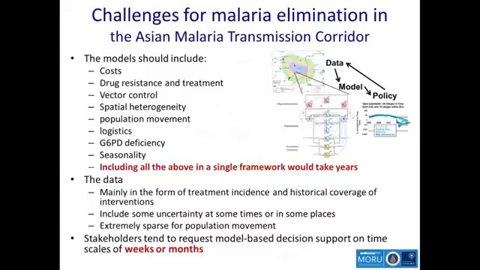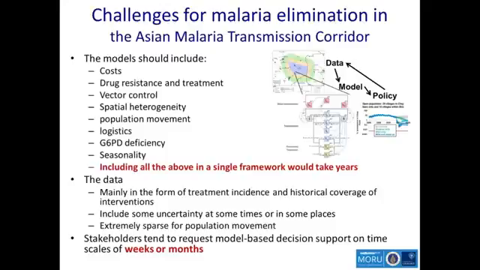So, challenges for eliminating malaria in this part of the world. If we're going to produce mathematical models to simulate malaria in Asia, then especially if we want to have an impact on policy making, the first thing we need to make sure is in our models is cost.